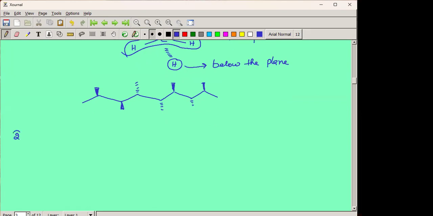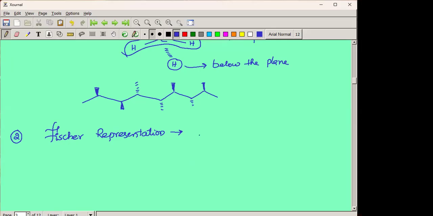And the second representation. What is the second representation? Fischer representation. This Fischer representation is used to represent horizontal and vertical lines. Where do we use this Fischer representation?